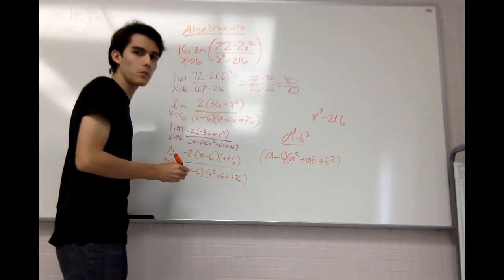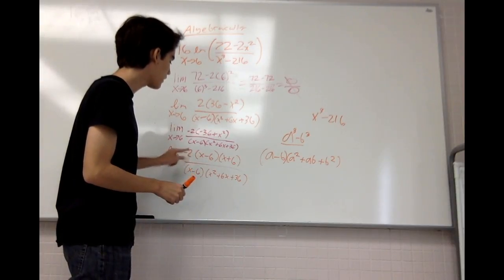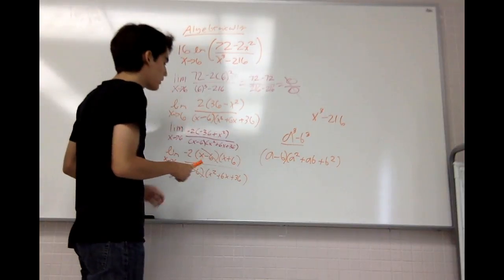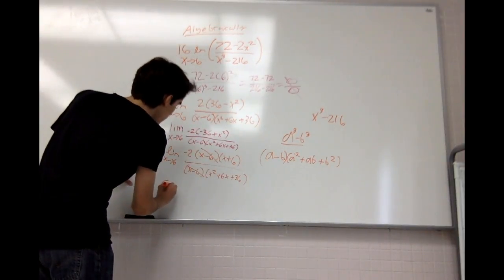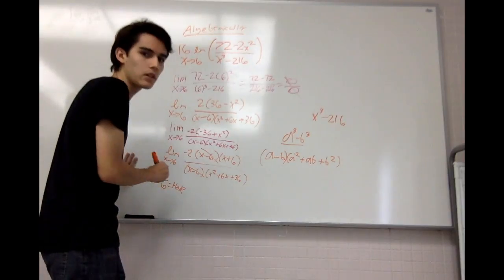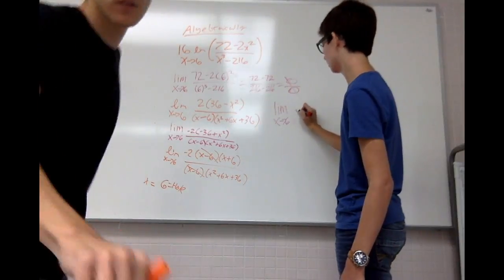So now we can cancel out the x minus 6 in the numerator and in the denominator. Here we cancel them out, and we know that at x equals 6 we had a hole. We're going to substitute.